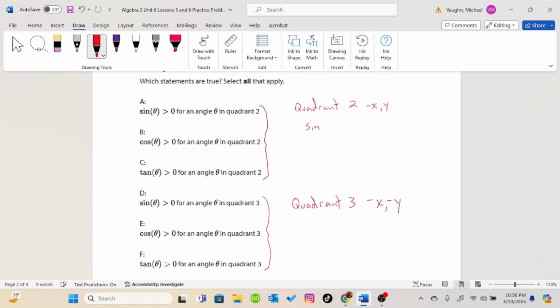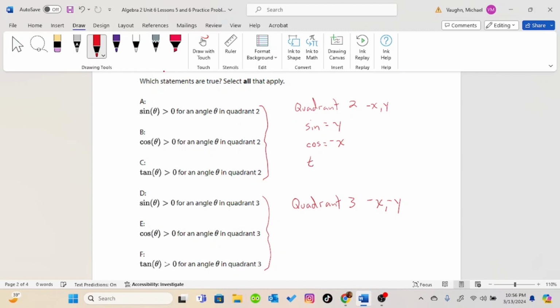So sine equals y, and y is positive. Cosine equals x, and x is negative.